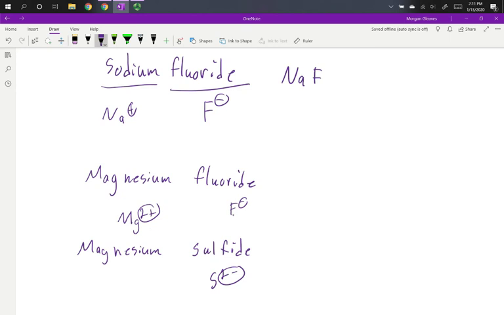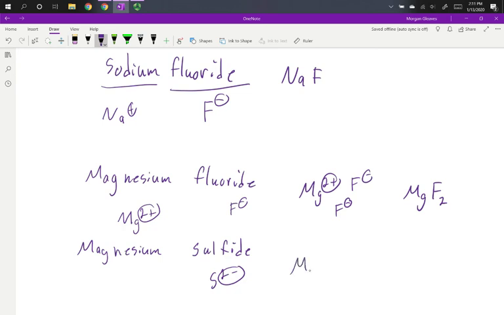If I'm pairing them with fluoride, each fluoride only comes with one. So I'm going to need Mg2+, F-, and another F-, which is really MgF2. I need two fluorides to have enough negatives to balance the magnesium's positives.